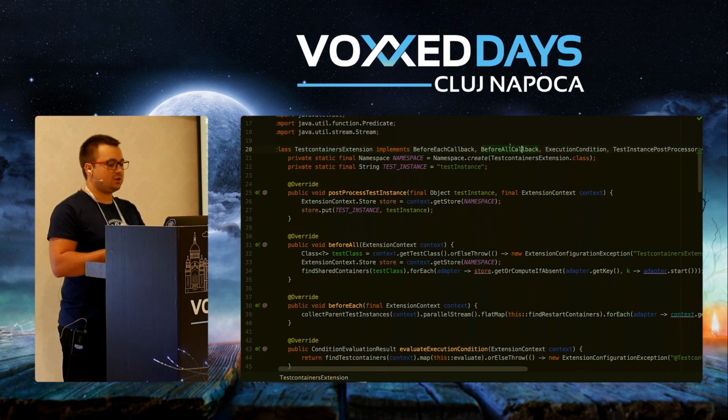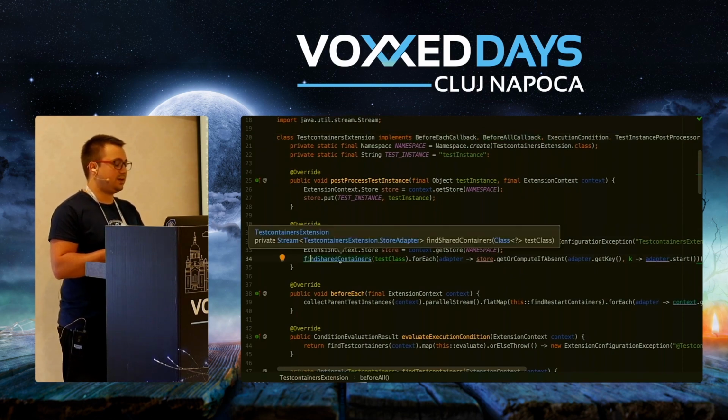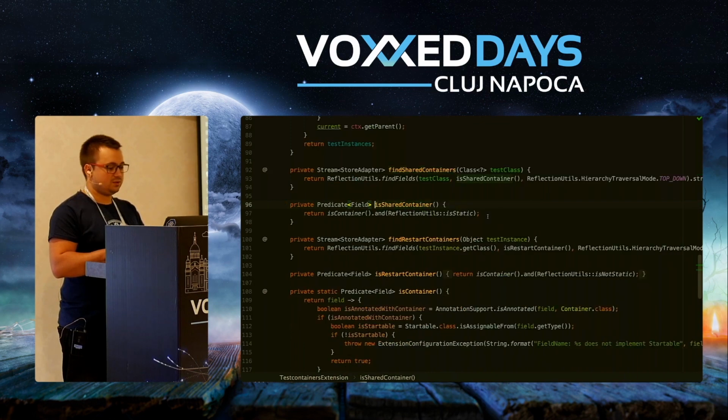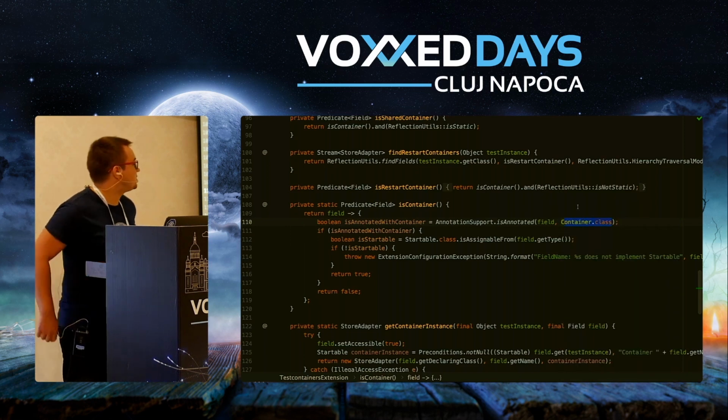Okay, and so beforeAll callback, here we have the implementation for beforeAll. What are we actually doing here? We are finding all the containers we have to run before all the tests start. So then we go here. This is the Container annotation, which we've seen.